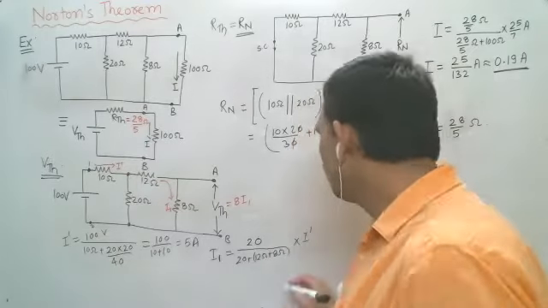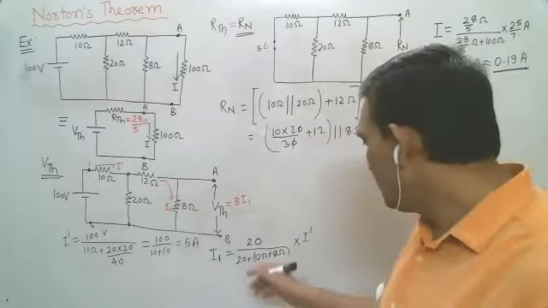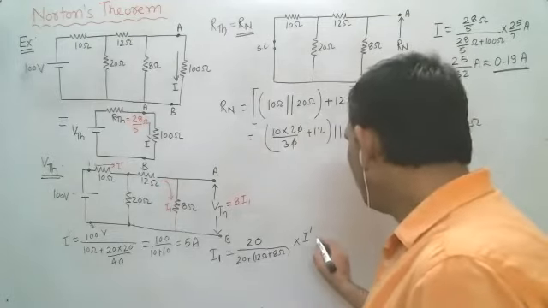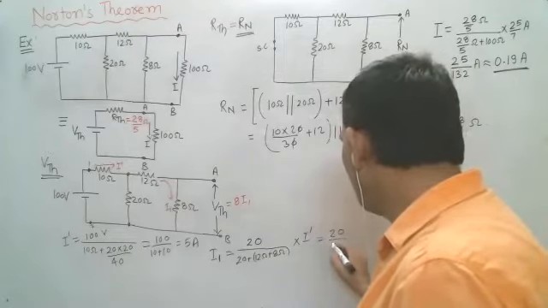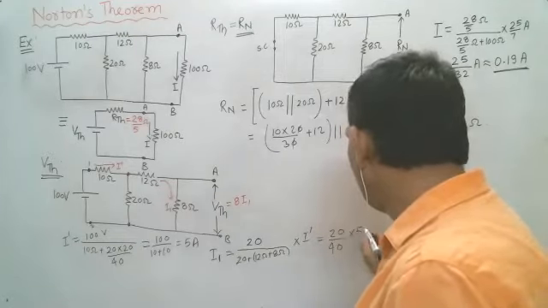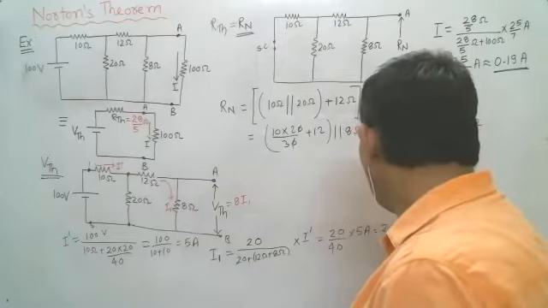This is the current division. So this will give you 20 by 40 into 5 ampere. So that will be 2.5 ampere.